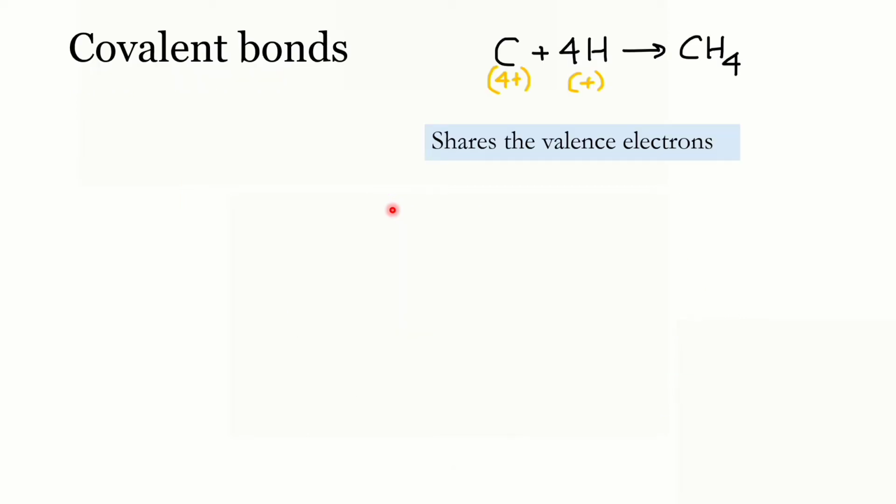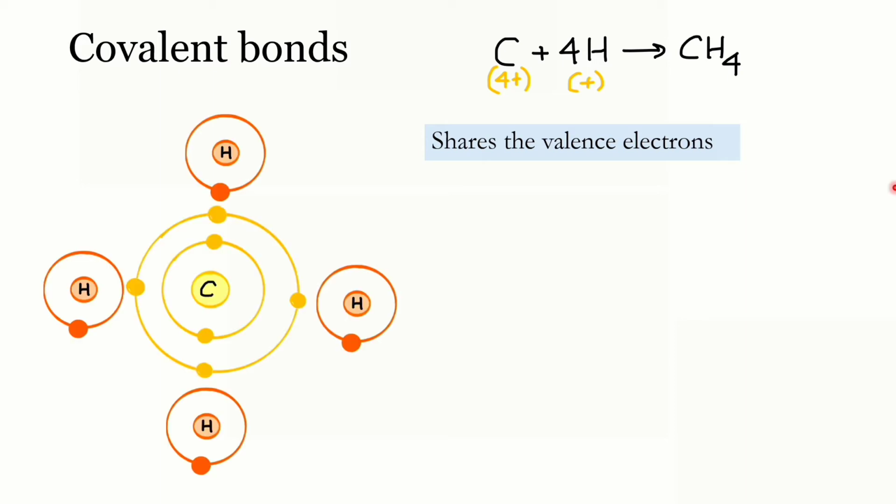Now next one is the covalent bond. So here what happens is the valence electrons are shared between the atoms. So let's see methane. So methane is a hydrocarbon wherein the carbon is sharing its 4 valence electrons with 4 hydrogen atoms. So carbon has an atomic number of 6, thereby 4 unbalanced or unstable valence electrons are seen in its outermost orbit.